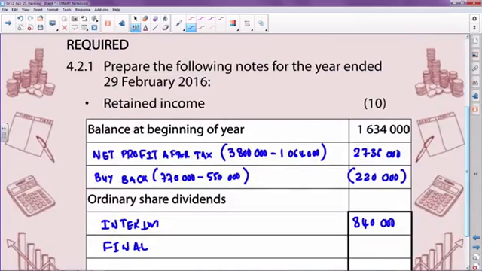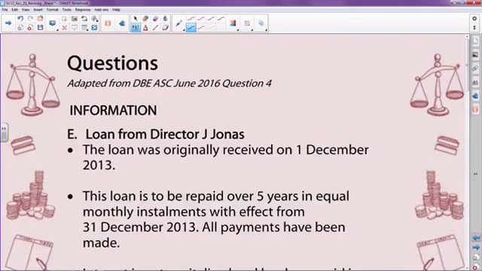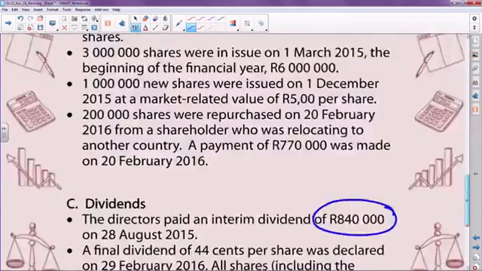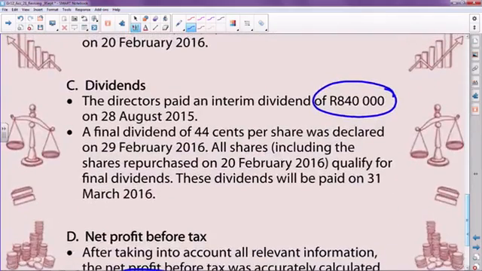Slot it in. Right, let's see what we have with regards to the final dividend. A final dividend of 44 cents per share was declared on the 29th of February 2016. All shares, including the shares that were repurchased on the 20th of February, qualify for the final dividends. Okay, in other words, all the shares qualified for the final dividend.